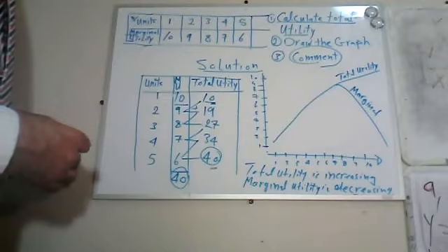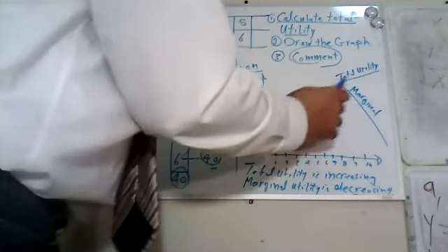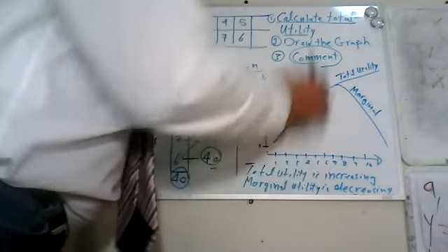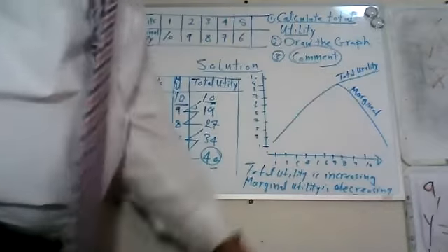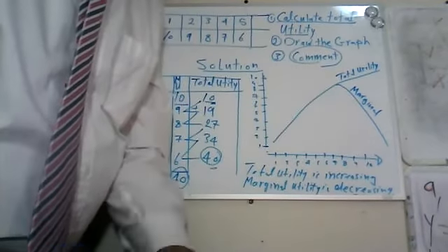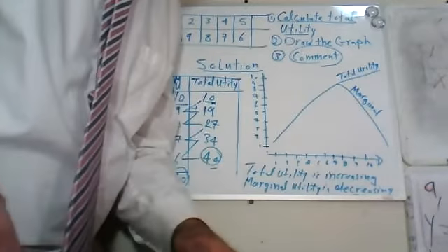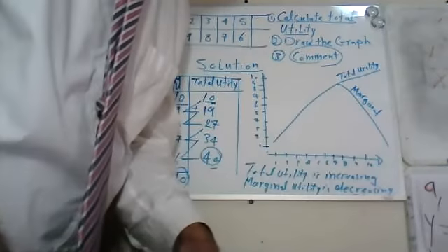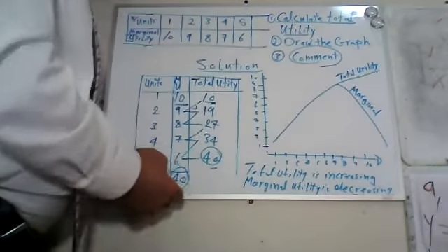So while the total utility is increasing, like what you saw here, the marginal utility is decreasing, and it goes to the zero level. Then it will go more to the negative levels as well. So the marginal started with the highest number and goes to the lowest.